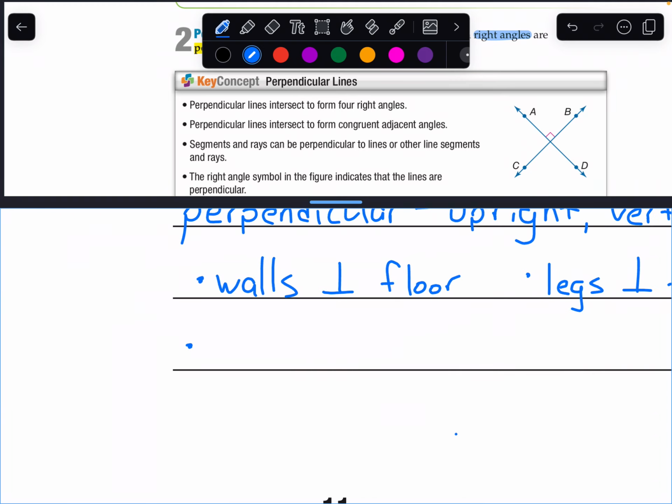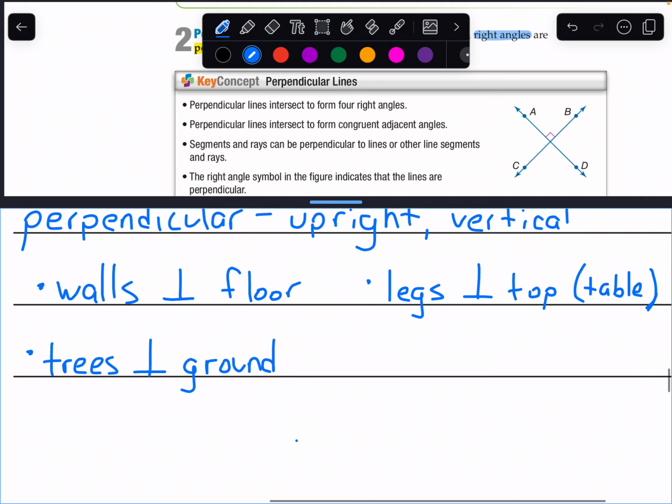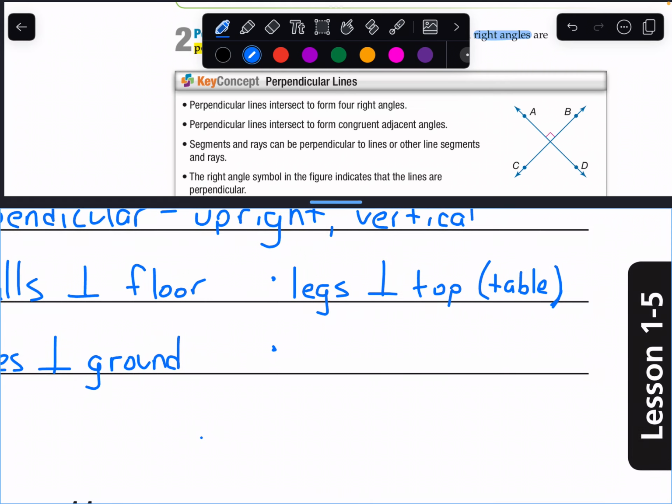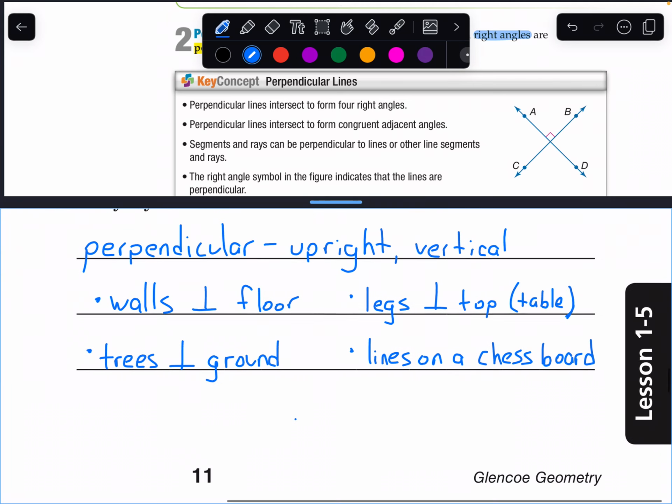Most trees grow perpendicular to the ground. At least they try to. What else? Looking around. Ooh, you know what? I've got one sitting on the table over there. The lines on a chessboard are perpendicular to each other.